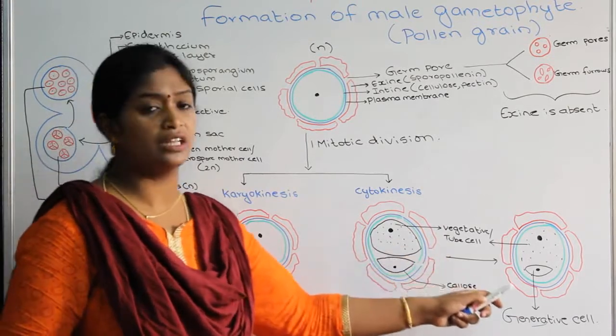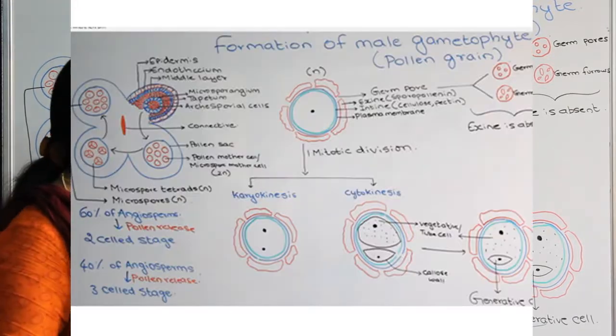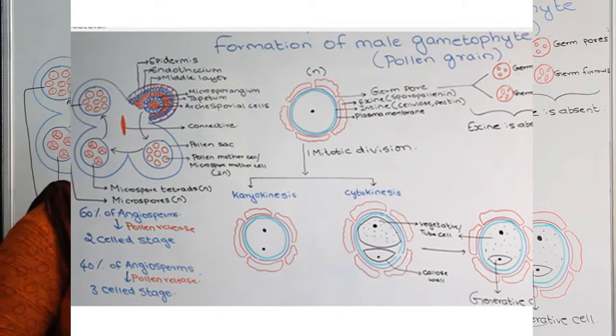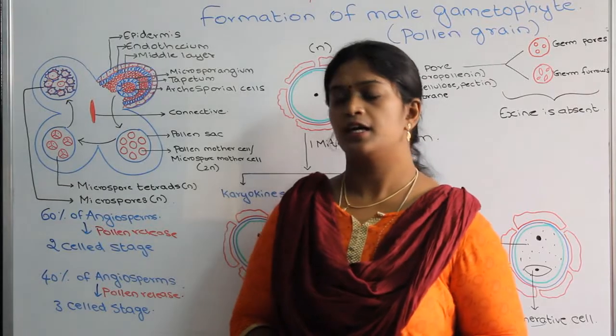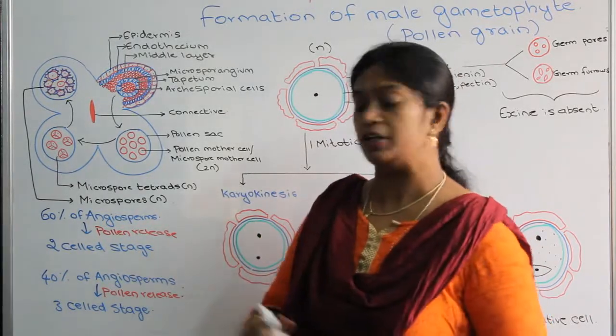The generative cell floats inside the dense cytoplasm of the vegetative cell. Now we have the mature pollen grains.